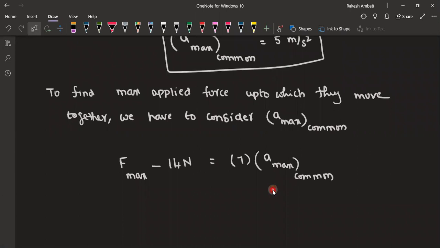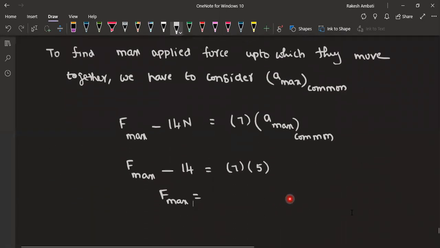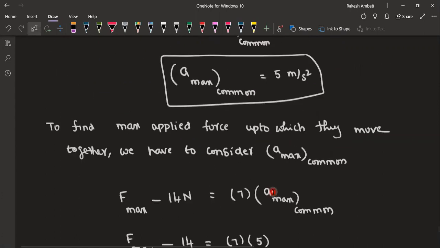It is only 2 minutes over. Therefore F maximum minus 14 equals 7 into 5, so F maximum is 49 Newtons.